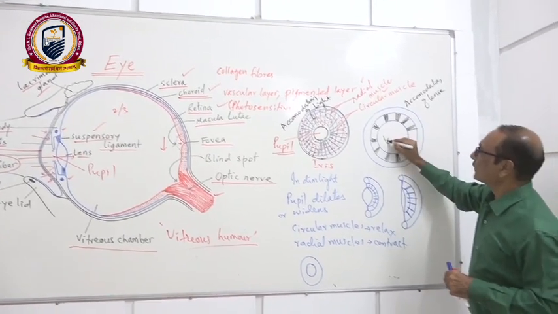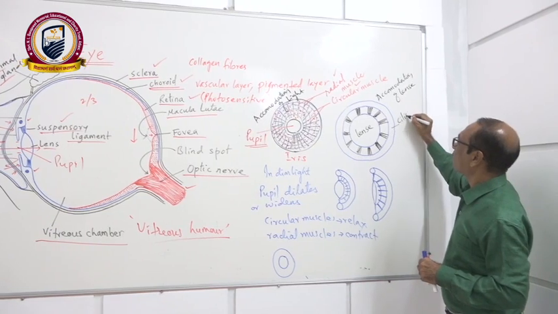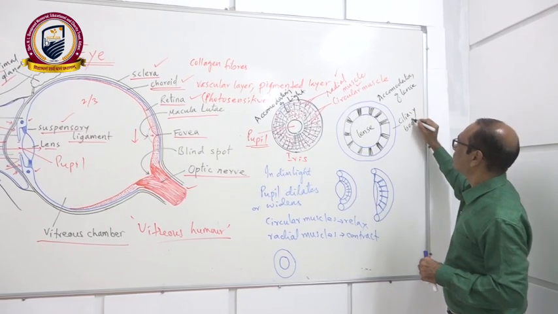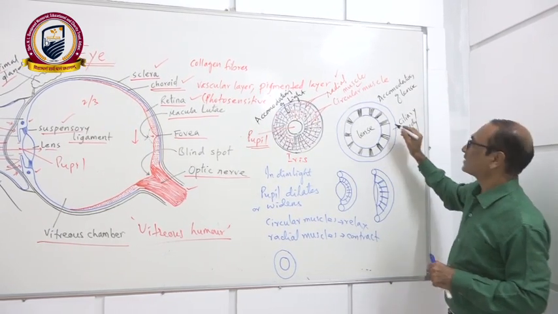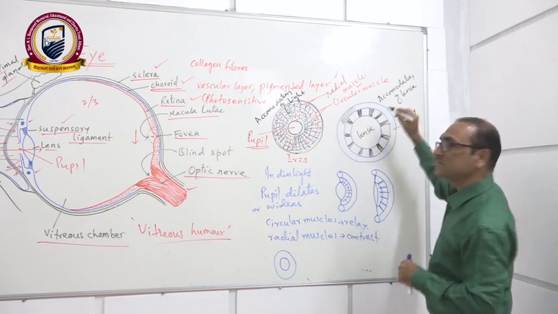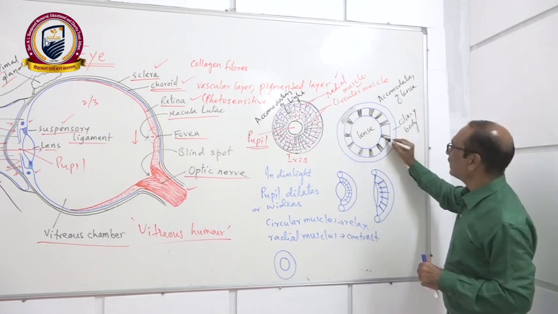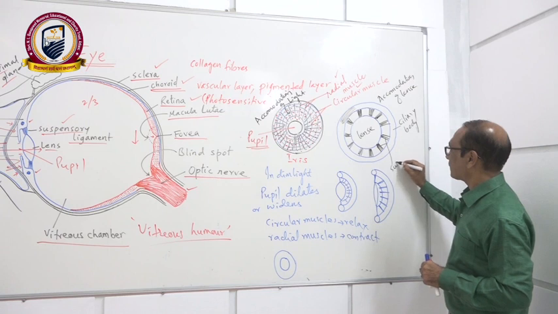Now this is the lens, what you see in the center, and this is the ciliary body surrounding it, which also has circular muscles inside, okay, and the ciliary body is connected to the lens by the suspensory ligaments.